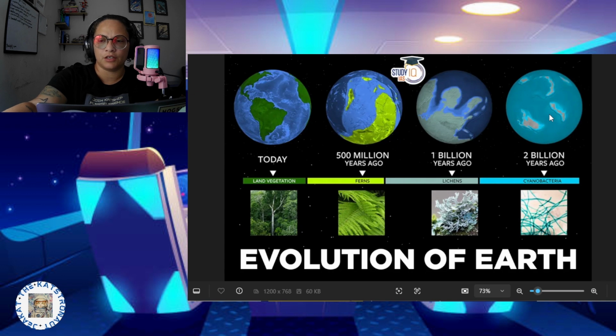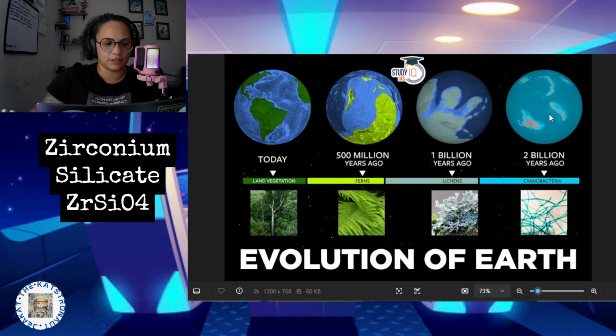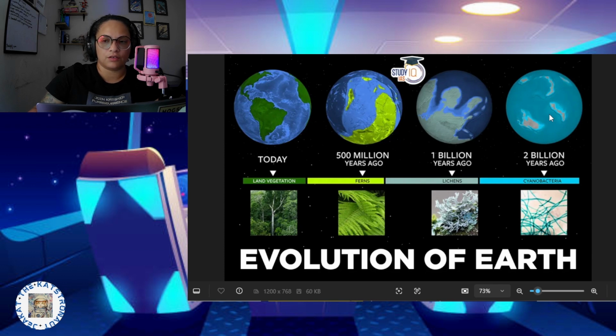So it began erupting again, and a lot of this ancient water can actually be found in the zircon crystal, which is zirconium silicate. These are very old, and they have evidence of these fingerprints of old ancient ocean that existed here.